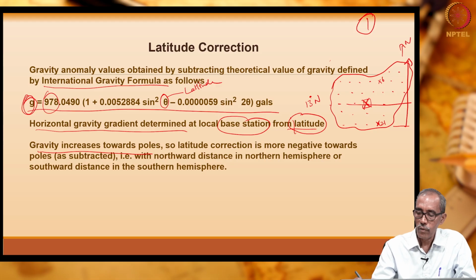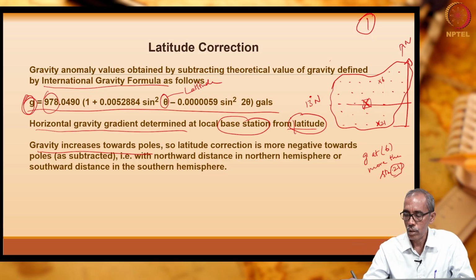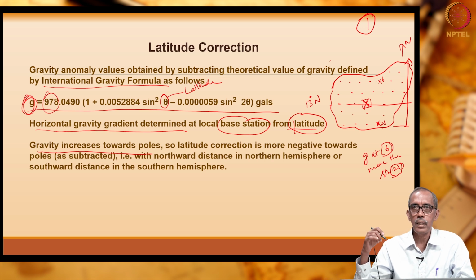So, gravity value at station number 6 is expected to be more than station 21, isn't it? The station number 21 value is expected to be little less than the station number 6. Why? Because station 21 is slightly farther from the center of the earth than location number 6.